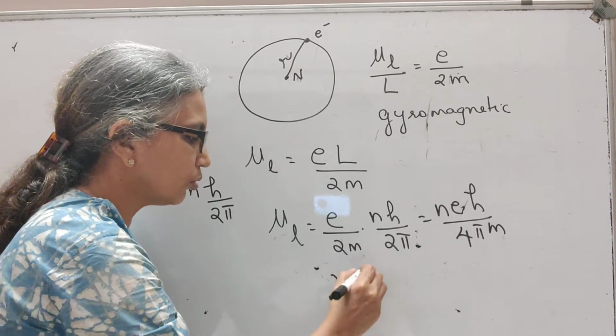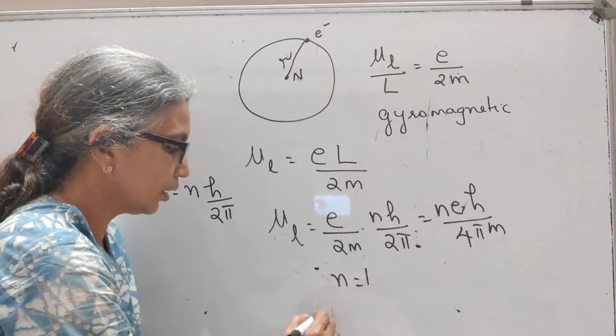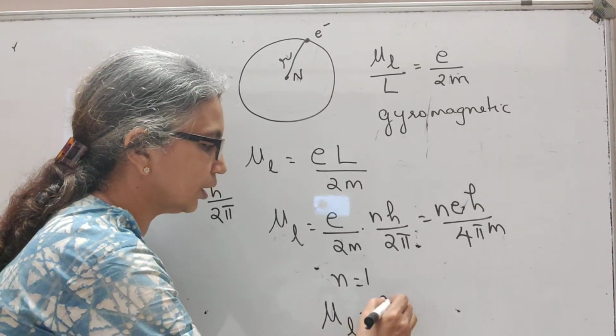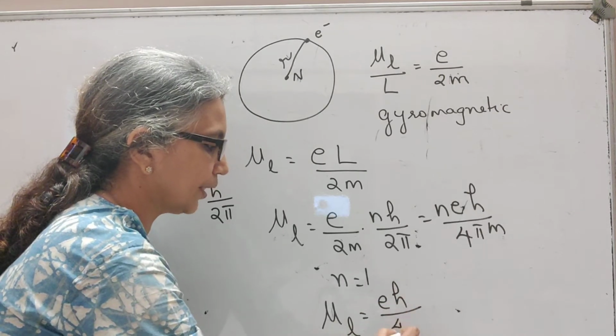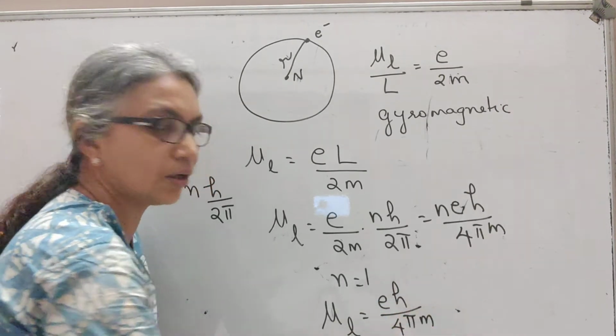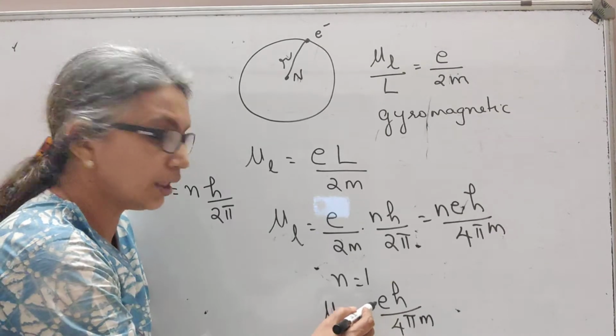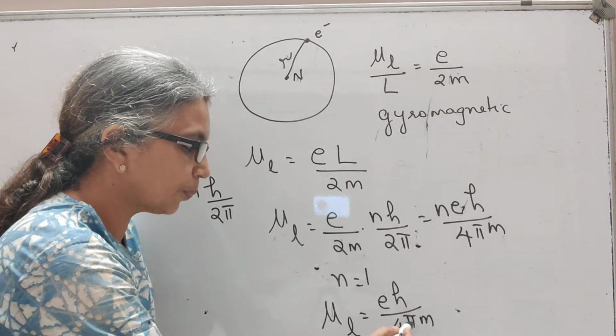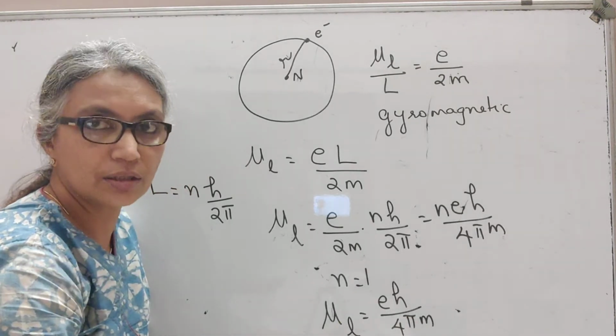Suppose I take n equal to 1, that is the first orbit, then the dipole moment of the electron mu L is equal to e h by 4 pi m, which again you will see all of them are constant here: e, the electronic charge, h, which is Planck's constant, 4 pi, and m, the mass of an electron.